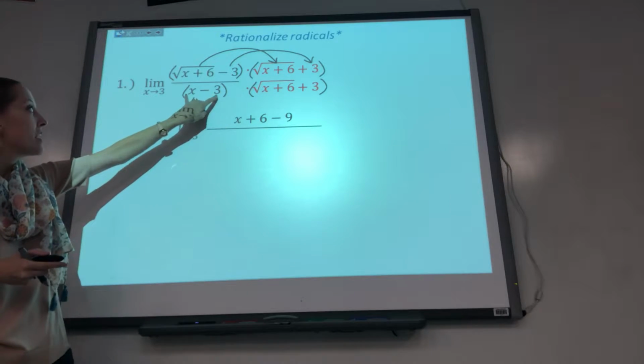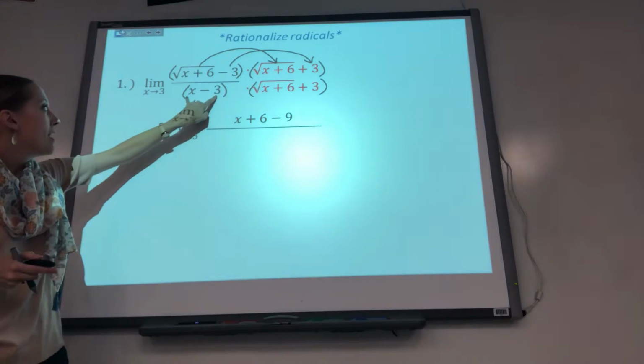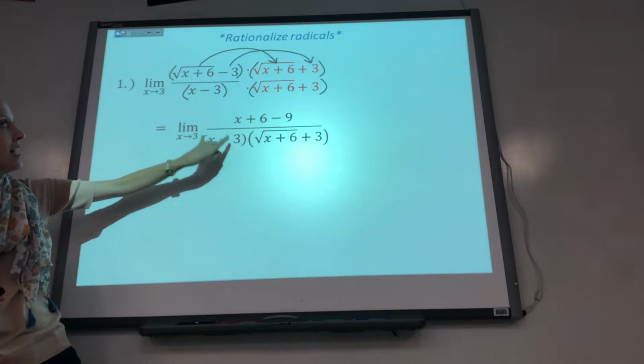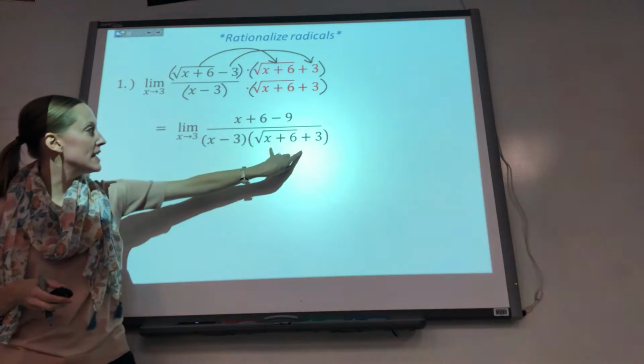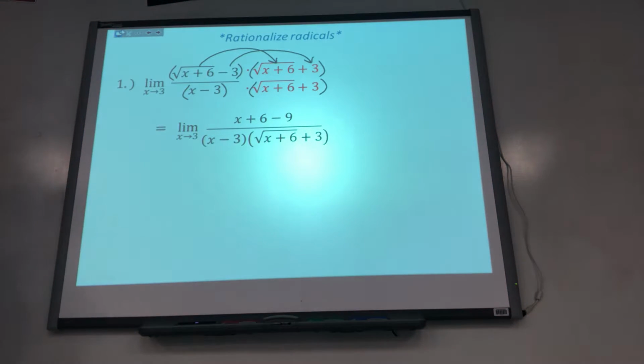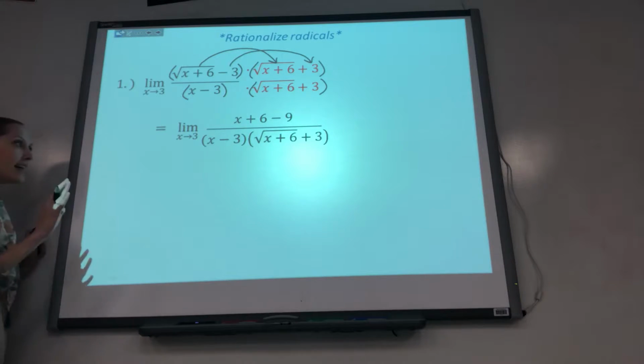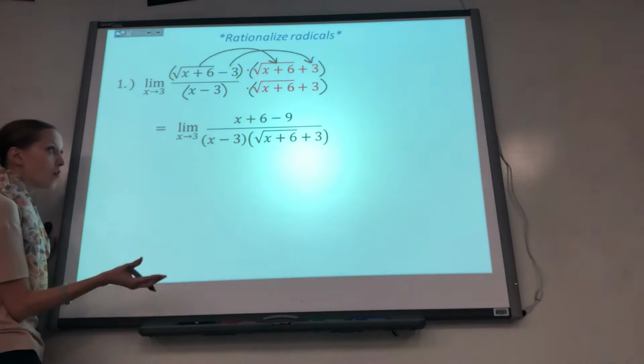But I'm just going to leave the bottom as x minus 3 times the quantity square root of x plus 6 plus 3. FOIL on top. Don't worry about FOILing on bottom because I'll show you here in 2 seconds why it's going to work out nicer if you don't.